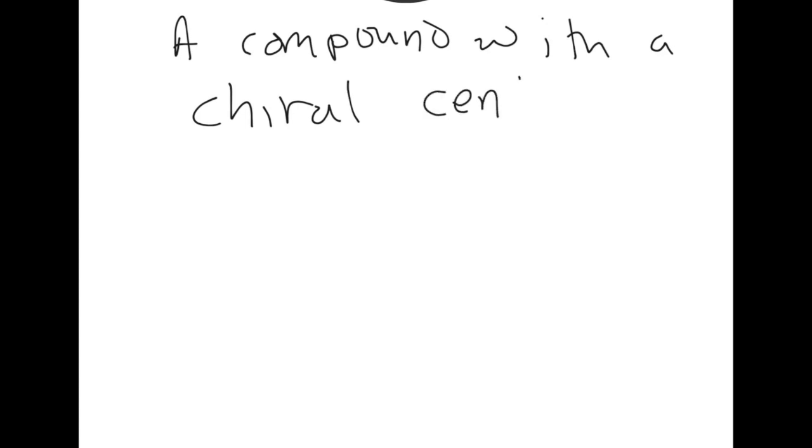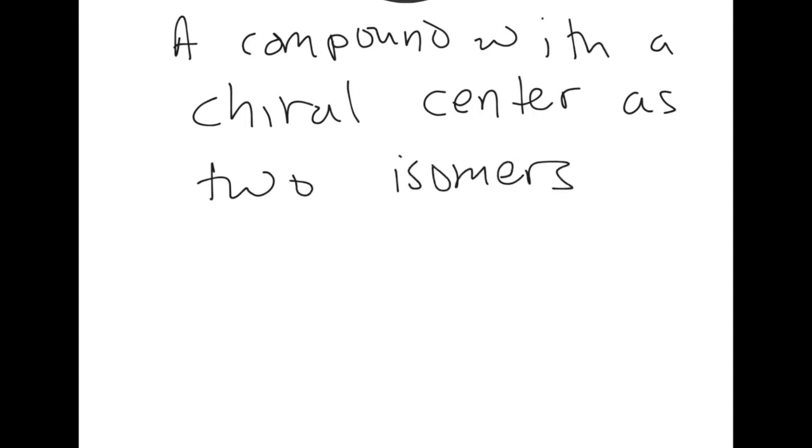So a compound with a chiral center has two isomers. All right, so if you have one chiral carbon or one chiral center in your molecule, you know you have two isomers, right?